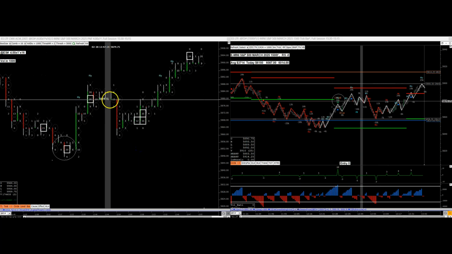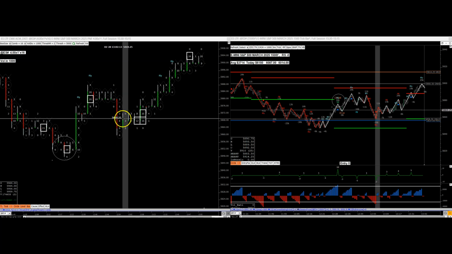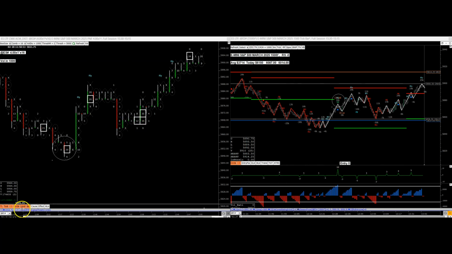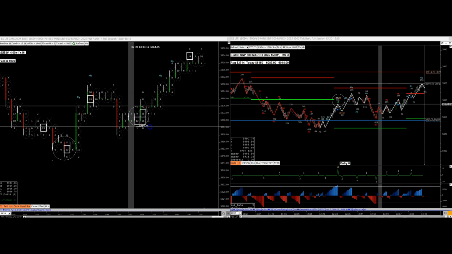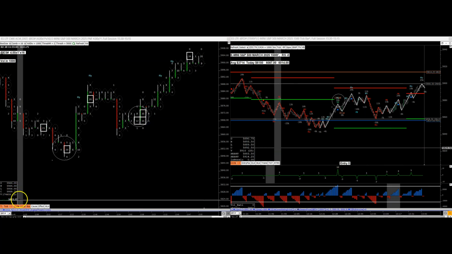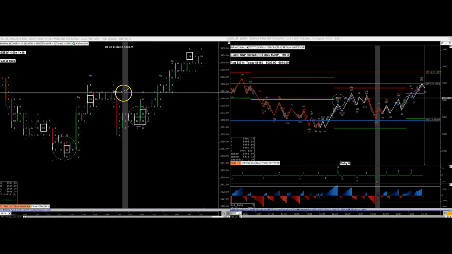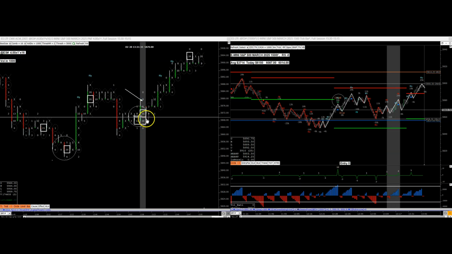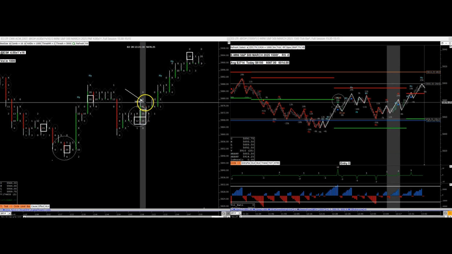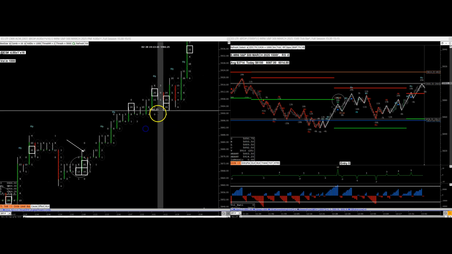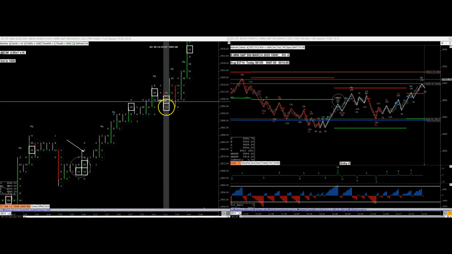Went up, down, reaccumulation, right here, leading to an increase in prices, this big bar. Reaccumulate here, bang.